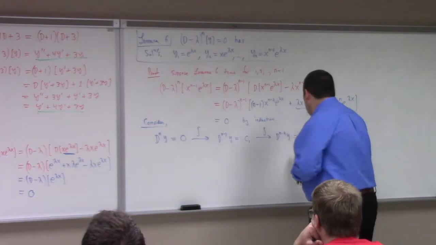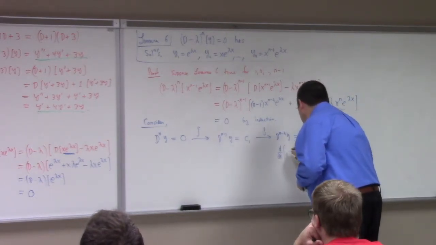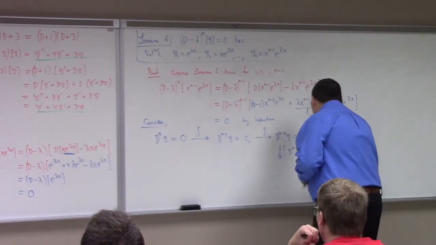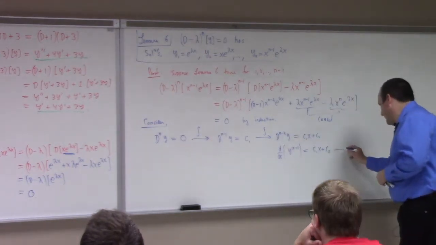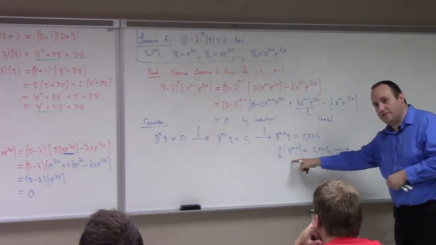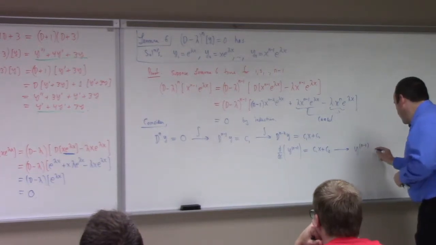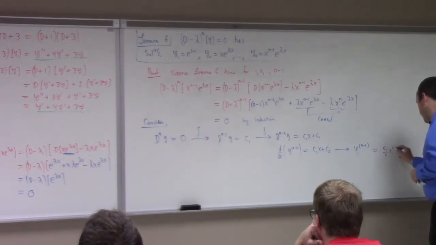Let me put this in a different notation. So I'm saying d dx of y to the n minus 1 is equal to c1 x plus c2. Now you guys will actually follow my next step. So I'd integrate both sides. The integral of the derivative is whatever's there, right? So I get c1 over 2 x squared plus c2 x plus c3.